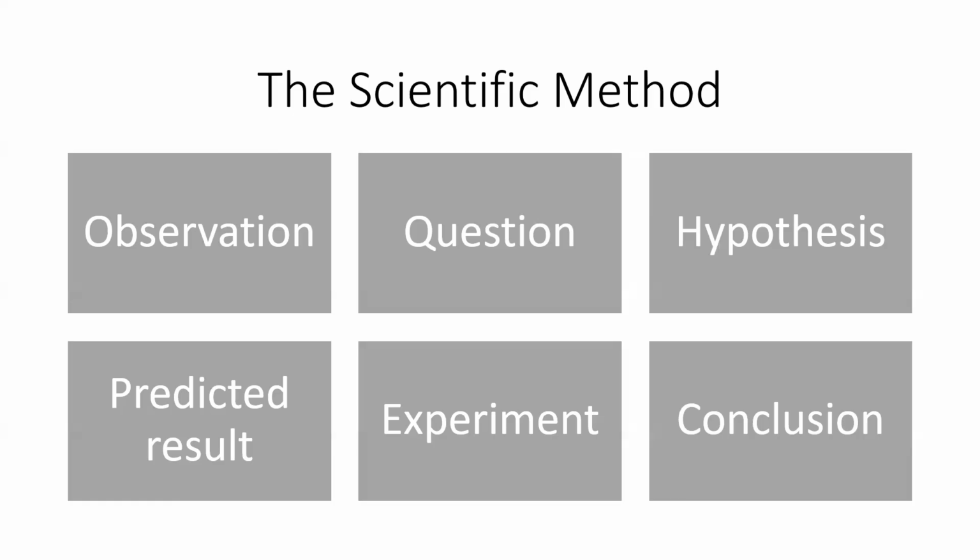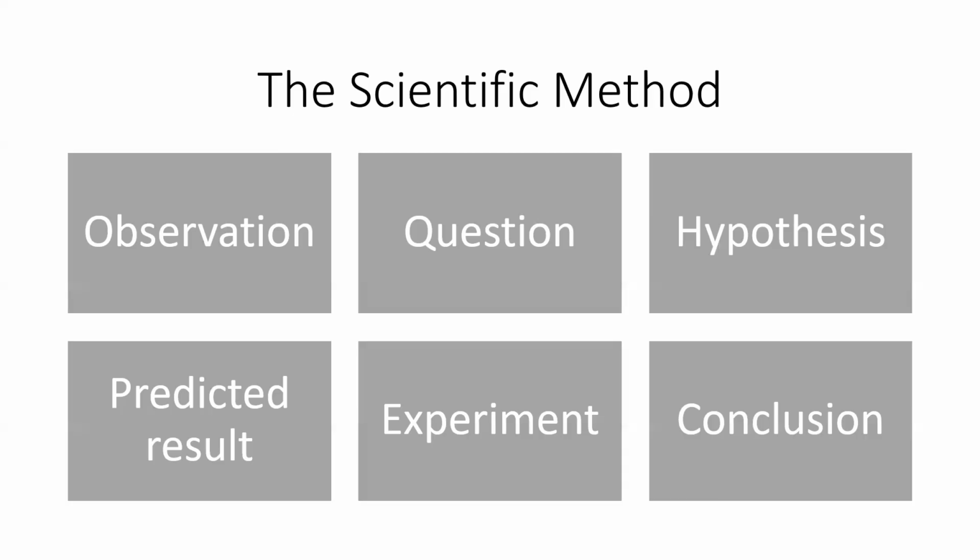Last class, we talked about how after making a series of observations, we then come up with a generalization. But we don't know if the generalization is correct or not. That's what the scientific method is for. It allows us to test our generalization and see whether it is accurate or not.